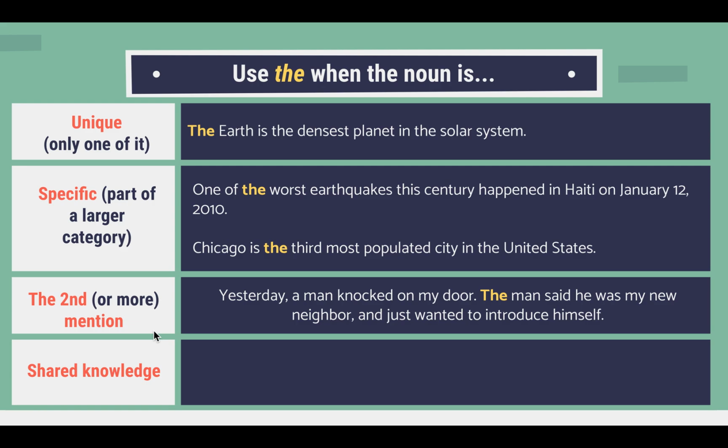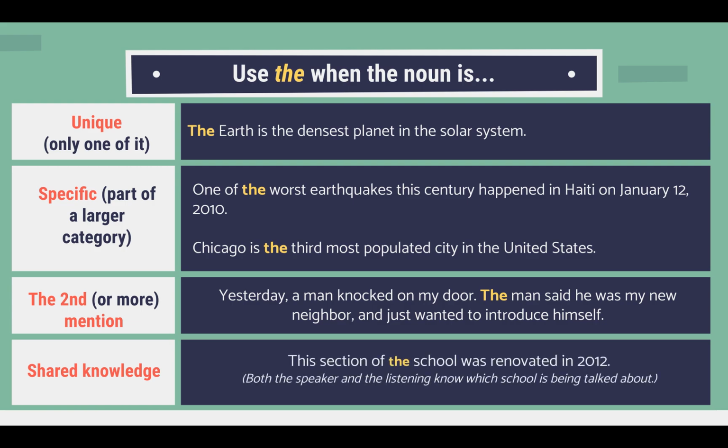A final reason we use the is when the knowledge is shared, meaning that the writer and the reader, or the speaker and the listener, we all know which one we're talking about. Let's give an example. This section of the school was renovated in 2012.